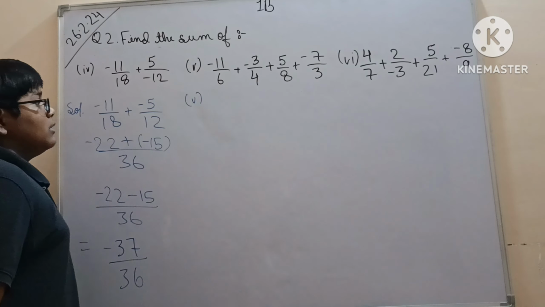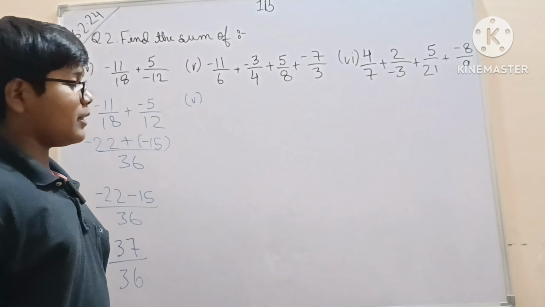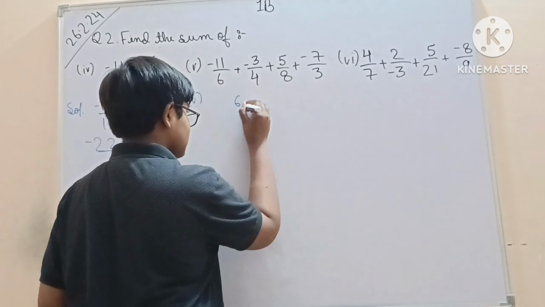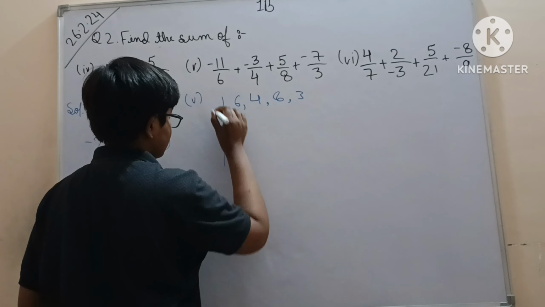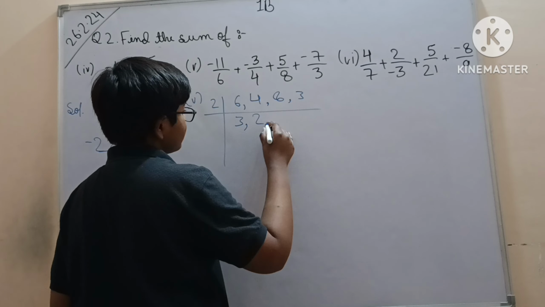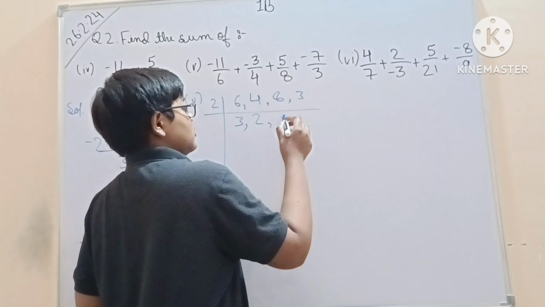Now the fifth one is, many denominators are given to us. Now we will find the LCM of all these, which are 6, 4, 8 and 3. We have told many times the method of LCM.